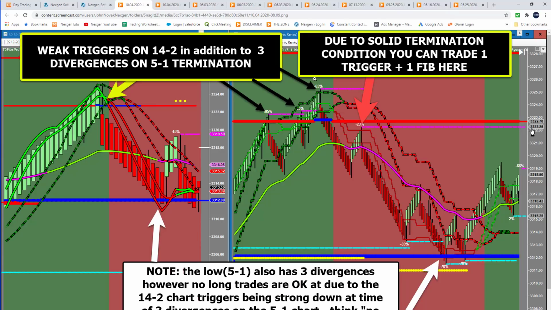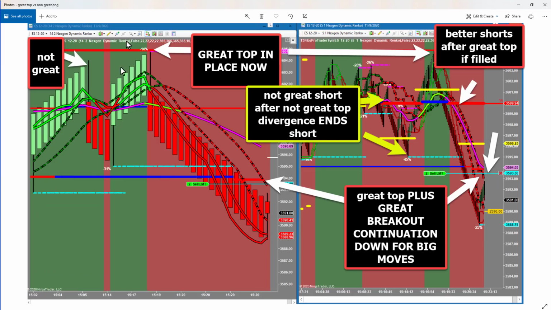And you're not going to trade right away until at least the small chart has fibs and triggers that agree, or the large chart has a complete roll of the triggers, and then you'll take another one. So you might get an early trade at the edge, and then it might be a trade that comes a little bit later. And again, that's what happened here. This was a good example of that.